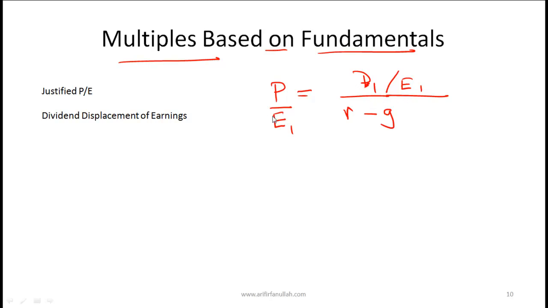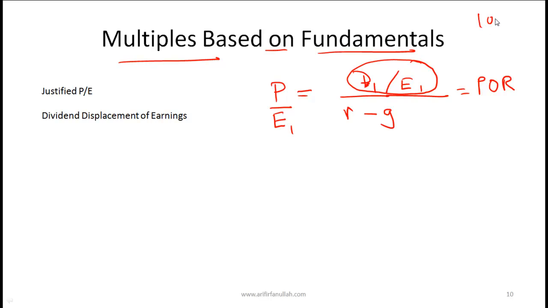So we can see that the PE ratio is equal to D1 over E1 divided by R minus G. Now this should look familiar. D1 over E1 is simply equal to our payout ratio. So payout, as a quick refresher, is how much of our earnings we pay out.